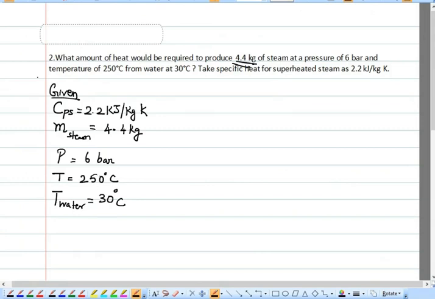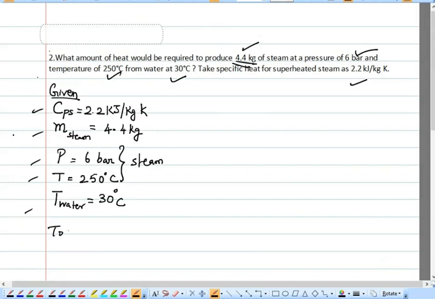So 5 numerical values are given. You check whether all the values you have entered in the given data. 1, 2, 3, 4, 5. So these two temperatures are related to the steam.